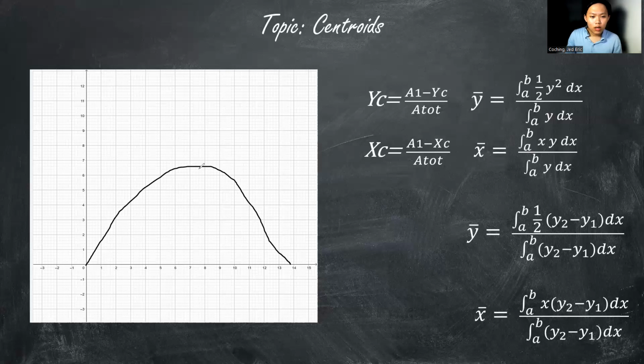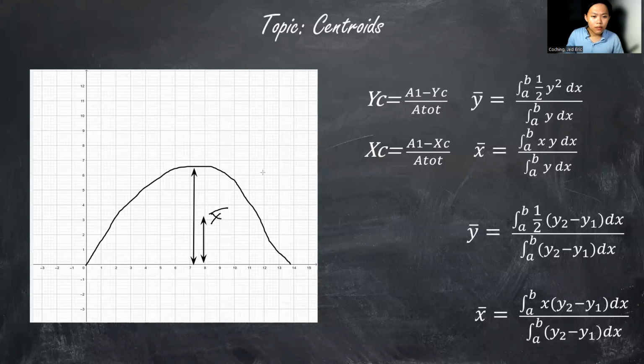Let's say from here to here, that's the x. From here to here, that's the centroid of x. So this is the symbol of centroid of x. The same can also be said for y.